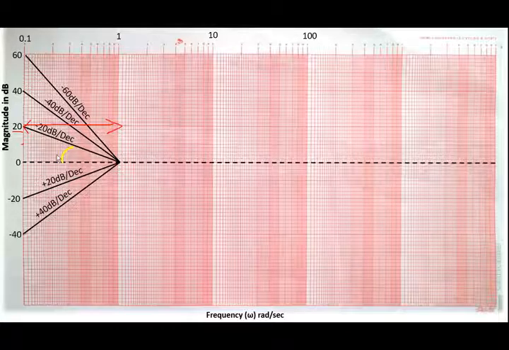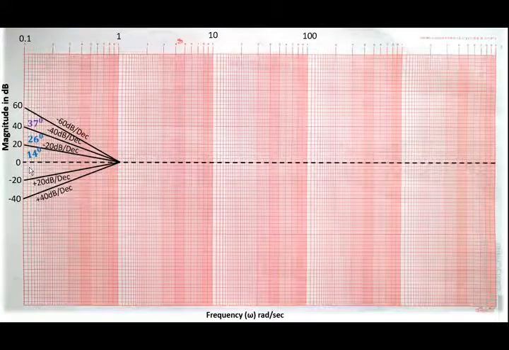Better consider it for 10 divisions itself. For 10 divisions equal to 20 dB, for minus 20 dB per decade, what is the inclination angle? 26 degree. And for minus 40 dB per decade, what is the inclination? 45 degree. And what is the inclination for minus 60 dB per decade? It is 56 degree. So these are the standard degrees if you consider 10 divisions equal to 20 dB scale.